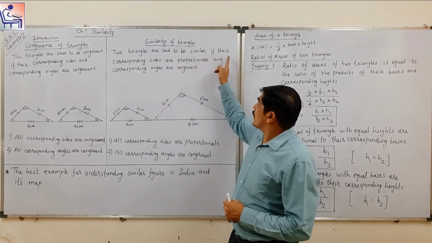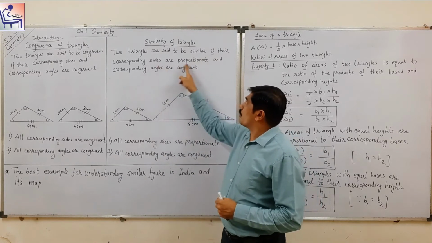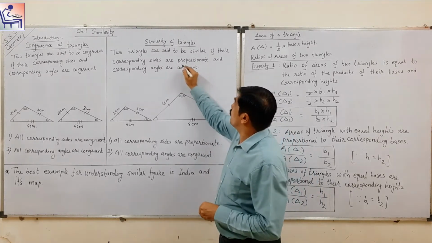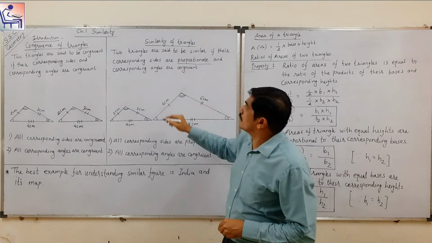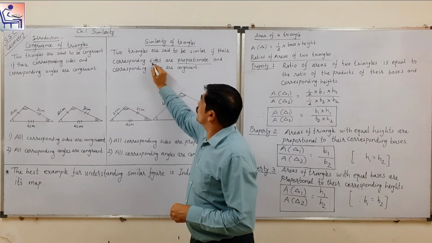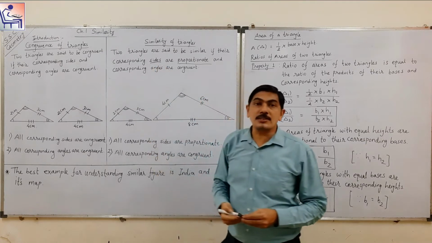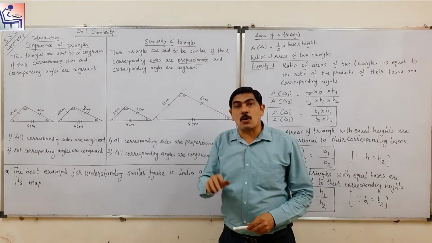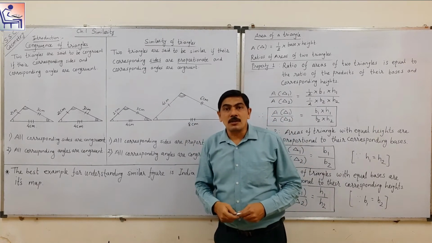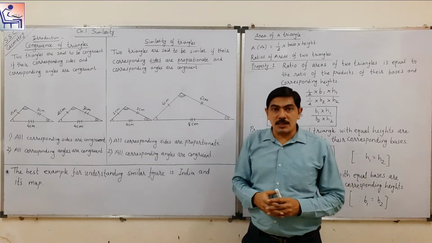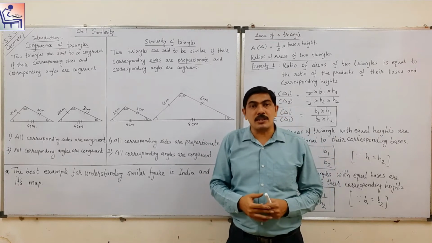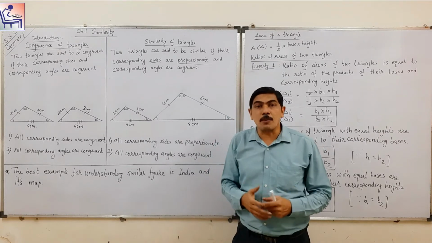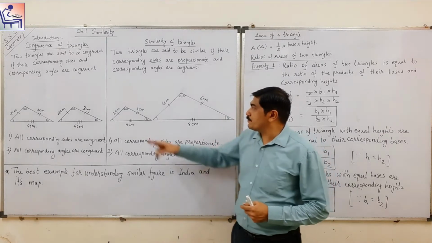Two triangles are said to be similar if their corresponding sides are proportionate. Please understand the meaning. Corresponding sides are proportionate and corresponding angles are congruent. मतलब अगर किसी दो ट्रायंगल्स के बीच मुझे कंपेयर करना है कि whether these two triangles are similar or not, then I will compare their sides.